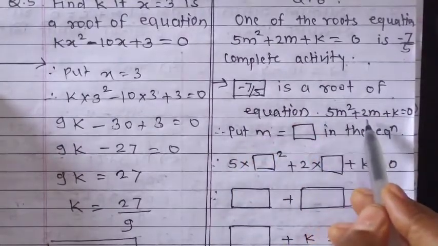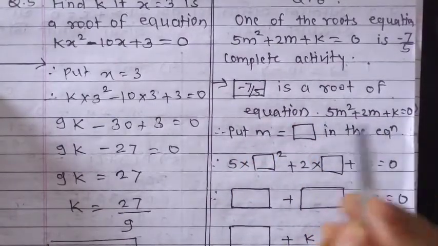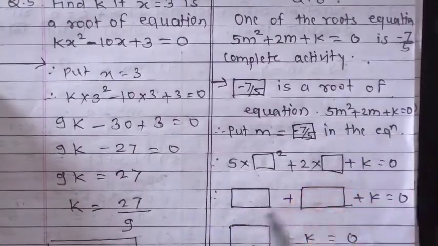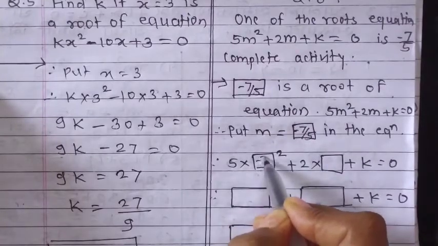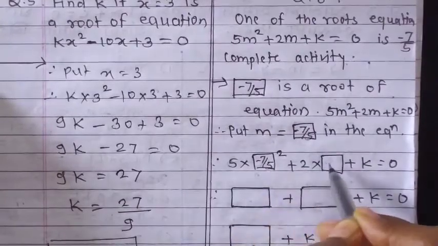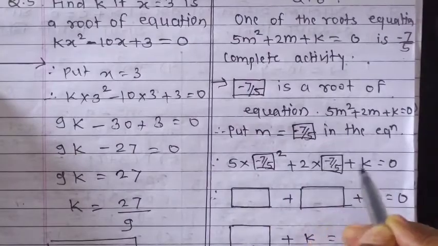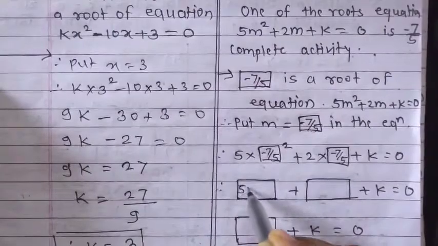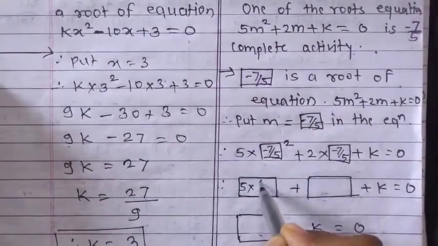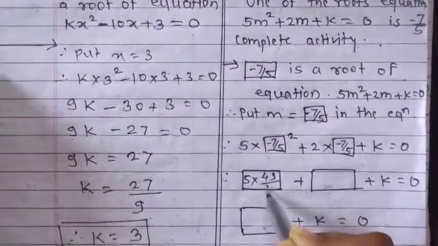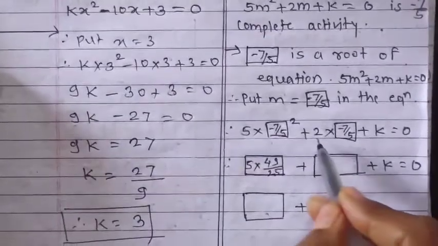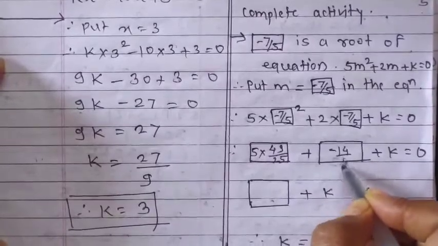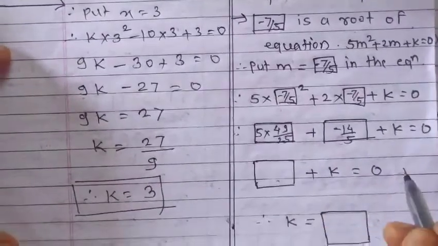Then in 5m square plus 2m plus k equal to 0, put m equal to minus 7 upon 5, that is 5 into (minus 7 upon 5) square plus 2 into minus 7 upon 5 plus k equal to 0. Here 5 into 7 square, that is 49 upon 25, plus 2 into minus 7, that is minus 14 upon 5, plus k equal to 0.